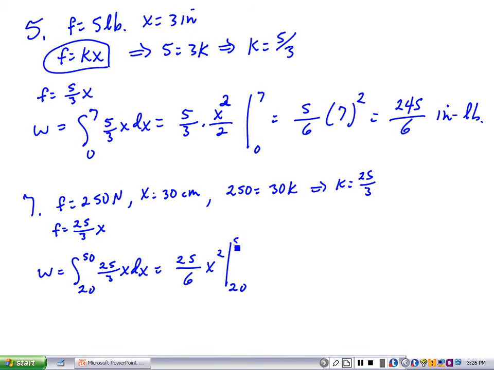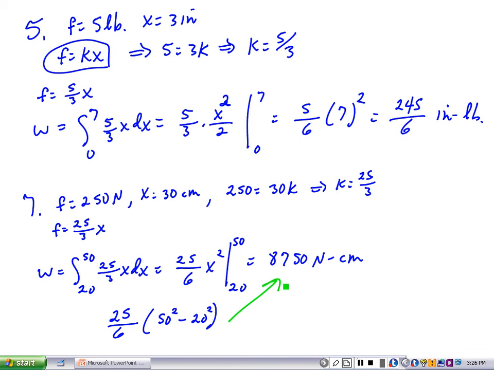Evaluate this from 20 to 50. And when we simplify all of that, that gives us 8,750 newton centimeters. You see that this is simply 25 over 6 times 50 squared minus 20 squared. And that's what you get.